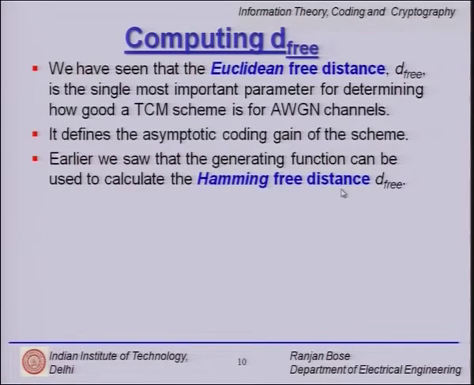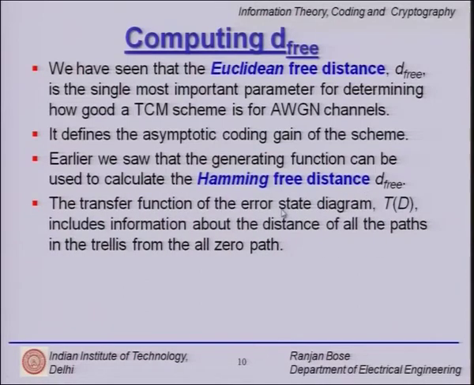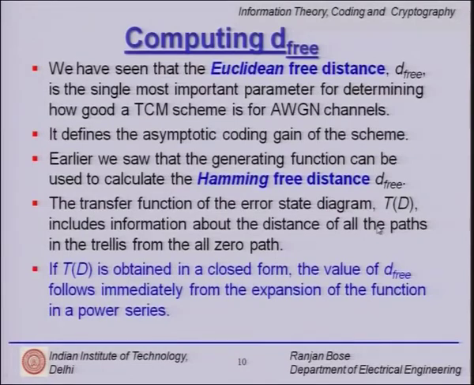The generating function can be used to calculate the Hamming d free distance earlier. Now, the transfer function of the error state diagram T(D) also includes information about the distance of all paths in the trellis from the all zero path. So, the question is, can we use that information to calculate d free for our case?